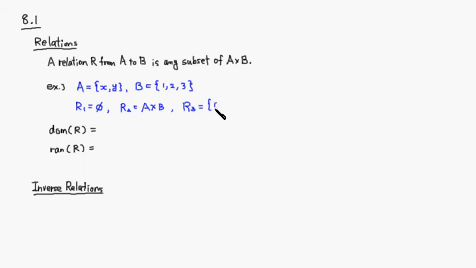So say X is related to 1, and X is also related to 3, and Y is related to 2, and maybe Y is related to 3. Alright, so that's an example of a relation, right?